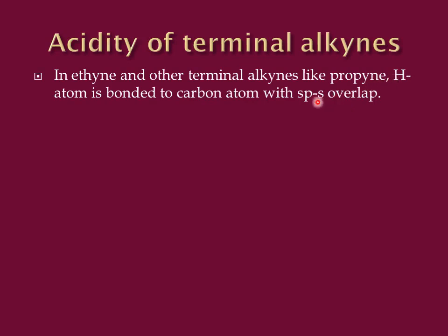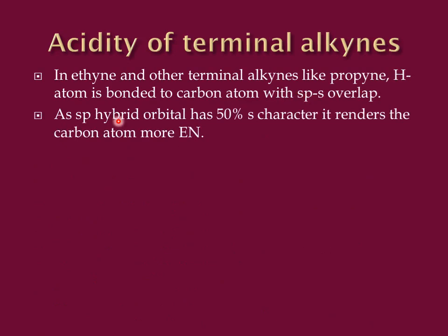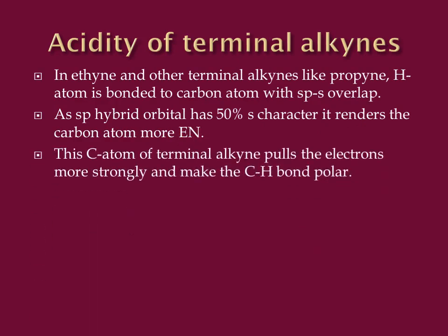The sp hybridized orbital has 50% s character, which renders the carbon atom more electronegative. This carbon atom of the terminal alkyne pulls the electrons more strongly towards itself and makes the CH bond polar. A partial positive charge on the hydrogen atom is created, so this can be donated as a proton, just like acids which donate the proton. It can be substituted with a metal atom.